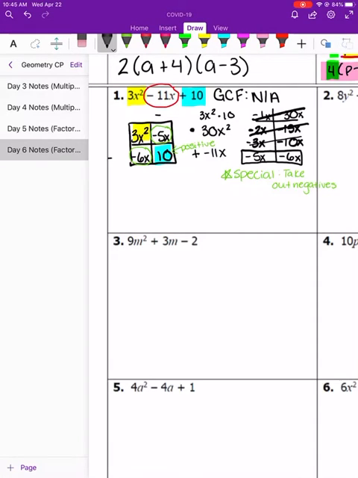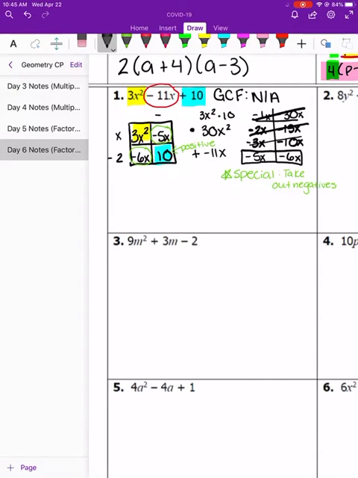Okay? And then I'm just going to do my rows. So 3x squared and a negative 5x. We can take out an x. Negative 6x and a 10. Okay, well, I can't take a 6 out of a 10, but I know I can take a 2 out of a 6 and a 2 out of a 10. I'm going to go ahead and put that there.